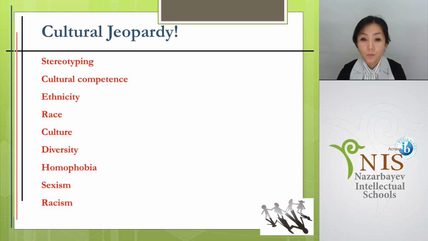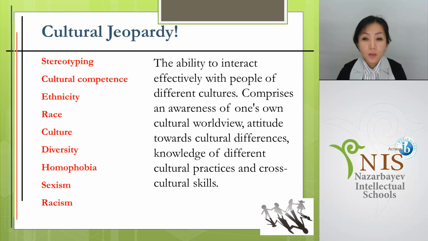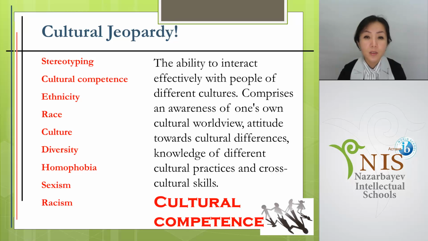This is culture. The ability to interact effectively with people of different cultures comprises an awareness of one's own cultural worldview, attitude towards cultural differences, knowledge of different cultural practices, and cross-cultural skills. This is, of course, cultural competence.